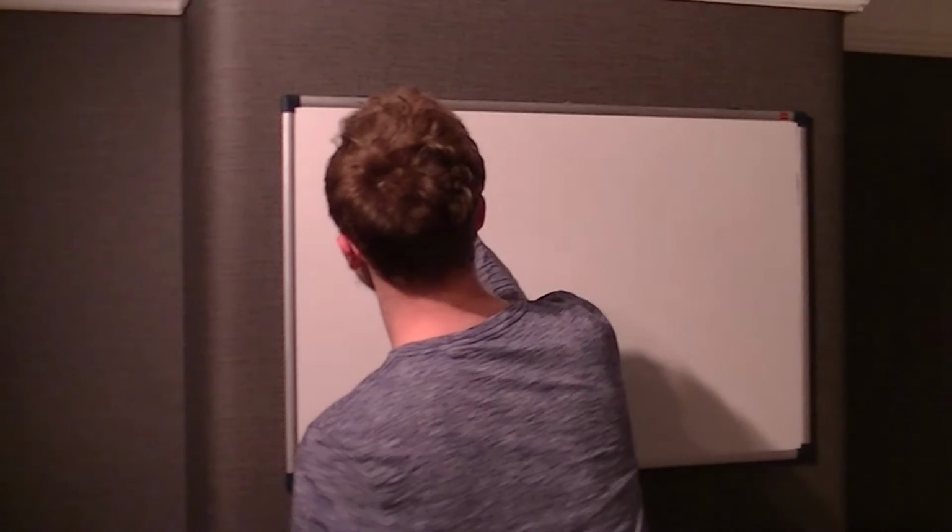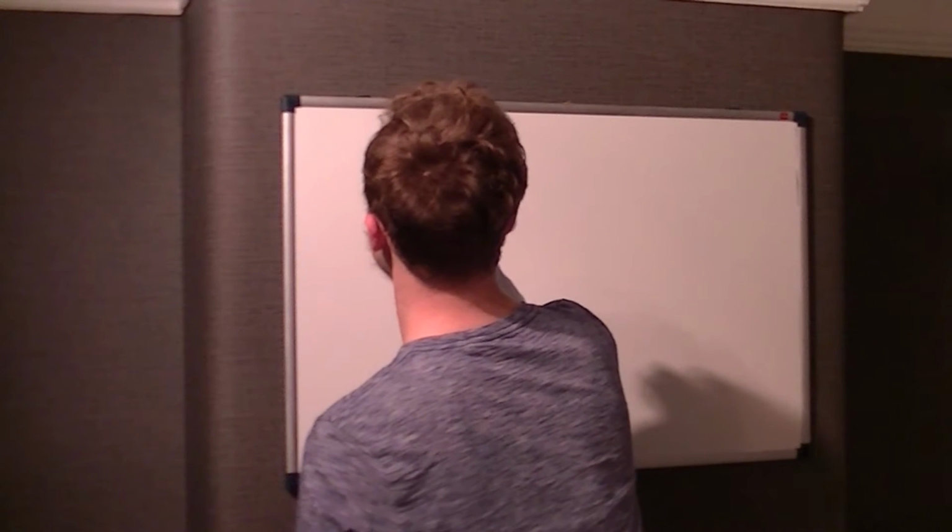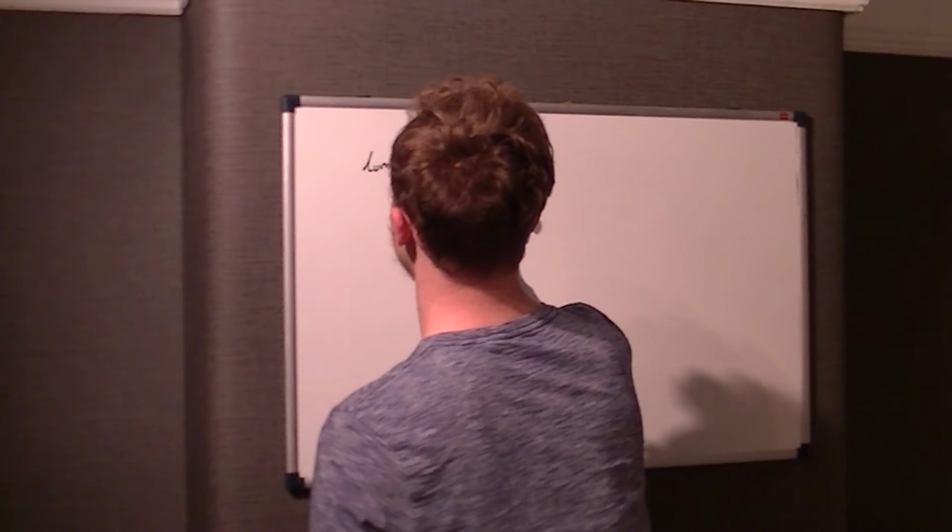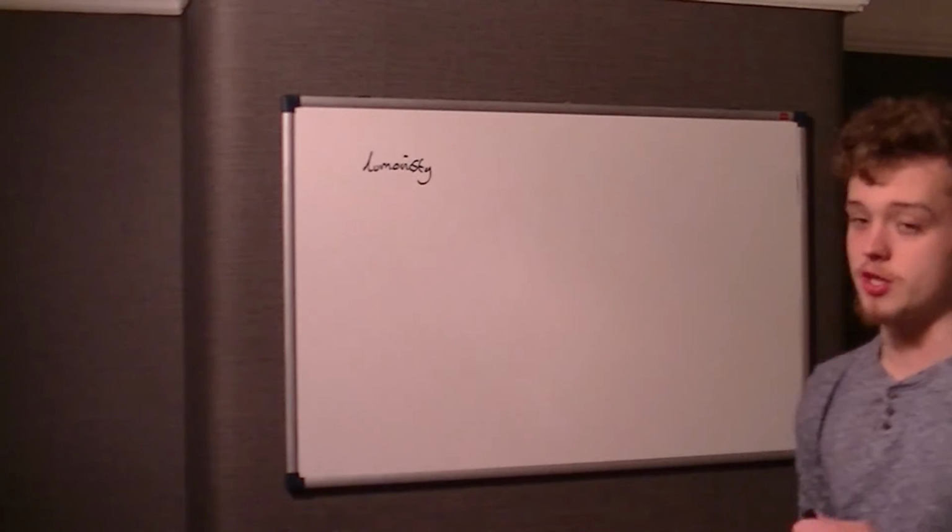Brightness is defined as the amount of energy radiated. Sorry, it's better to define luminosity first. So luminosity, we've got a star. If a star is very luminous, it's emitting a lot of energy per second.